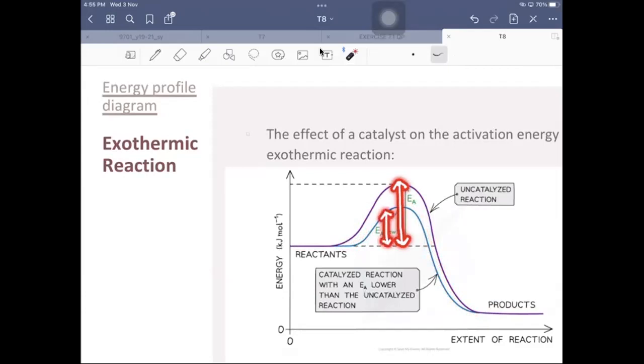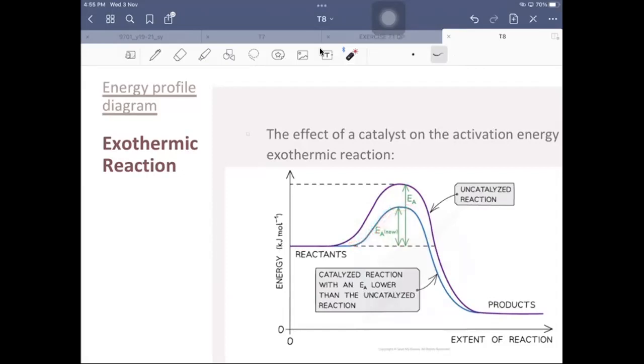Okay, so this is what it means to provide an alternative pathway that has a lower activation energy. Okay, so that's why your rate increases, because now you have lower activation energy and more particles can now result in effective collision, which is a reaction or turning into products.